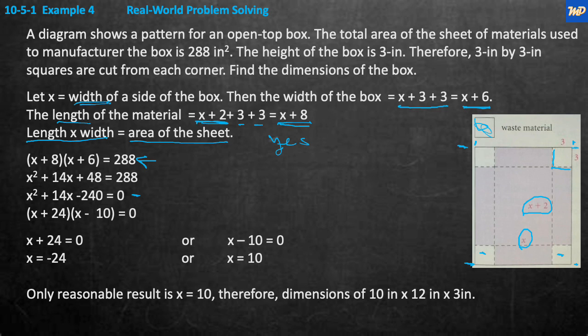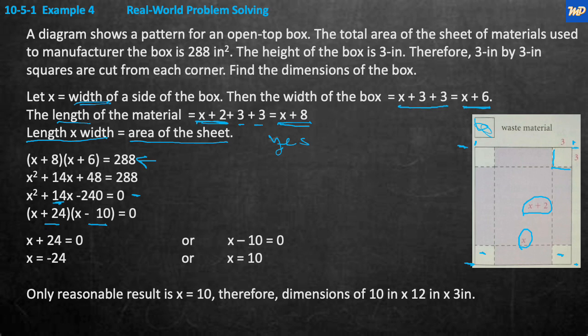To get a negative C term when the B term is positive, the larger term has to be positive. And here it is: 24 is the positive term, negative 10 is the smaller term. And 24 times negative 10 is negative 240, and 24 plus negative 10 is 14.